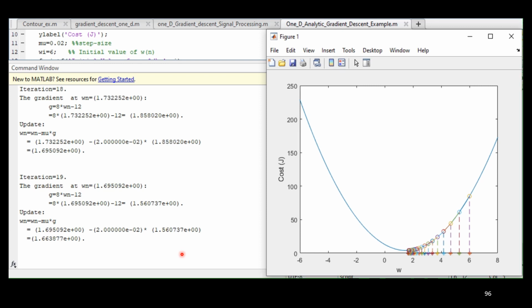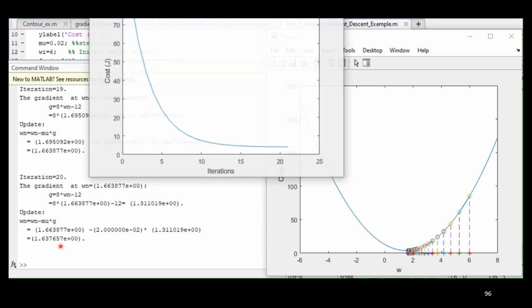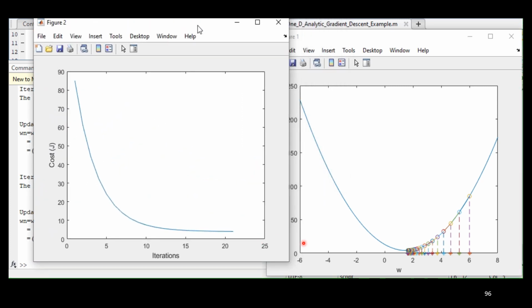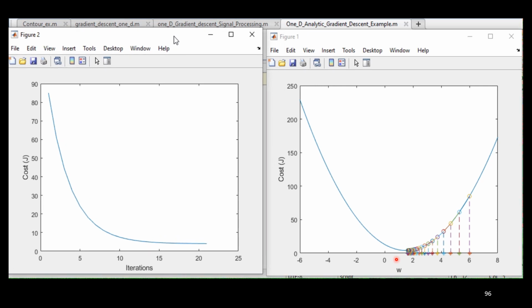At the 20th iteration, its value is 1.637565. So here also it will not attain the optimal point 1.5. It has to go more iterations, then only it will reach this optimum point.